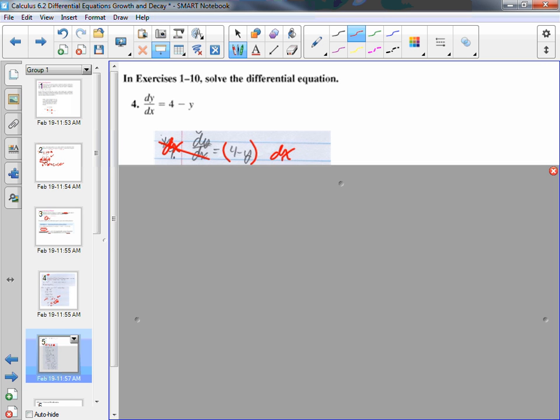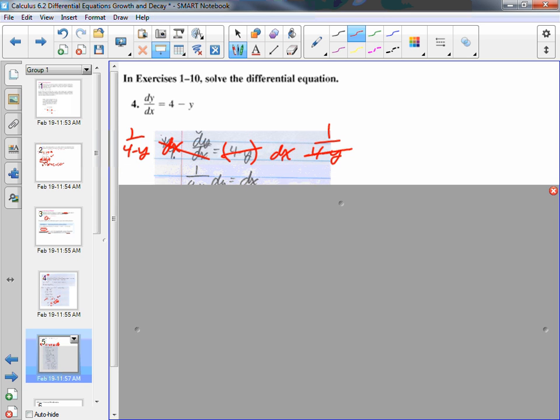How do I get rid of that 4 minus y? Multiply by, how about 1 over 4 minus y? That way, I get to do that. So I have 1 over 4 minus y dy equals dx.